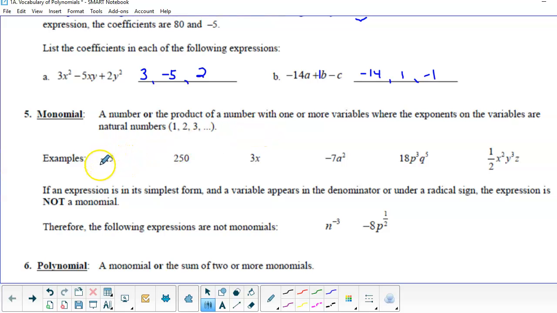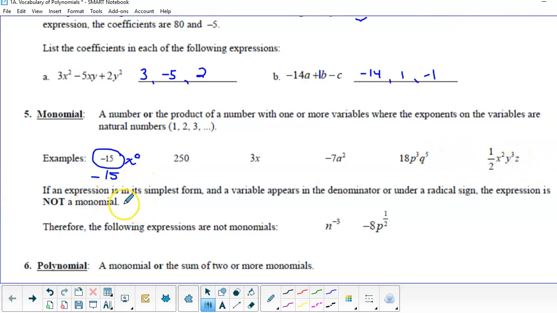So this here is still considered a monomial, even though there are no variables, because you could have an x to the 0. That's really what that represents. And then when you simplify, that's negative 15 times 1, which is negative 15. And so same with 250. Then here, we've got an x term, an a squared. These are all natural numbers.